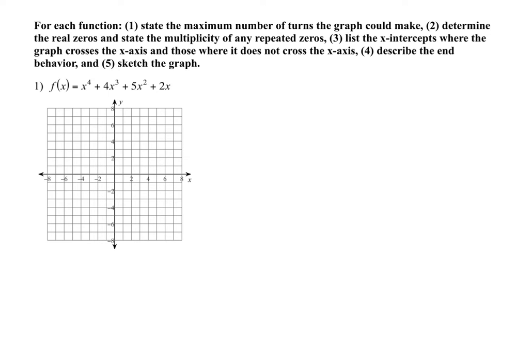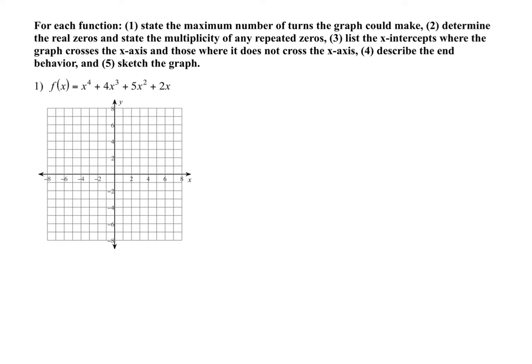Okay. And so this set of questions is like the one that was, I think, on your first quiz: what are the maximum number of turns the graph can have? Determine the zeros, state the multiplicity if a 0 has a multiplicity, x-intercepts where it crosses, x where it bounces, describe the end behavior, sketch the graph, okay?